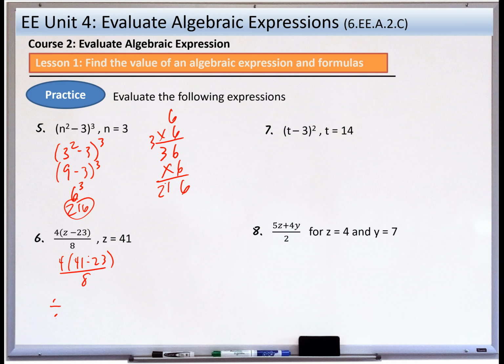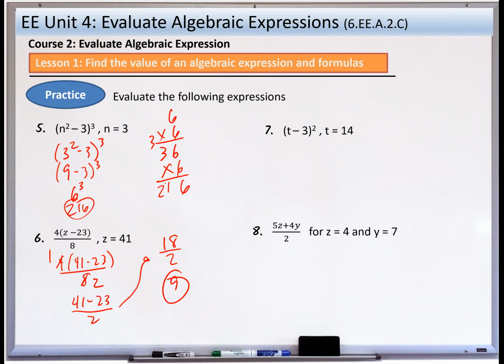And actually, I could have simplified that before I went ahead, and that would give me 1, and that would give me 2. And that leaves me basically with 41 minus 23 divided by 2. Now you guys see why I always type and not write, because my handwriting's pretty bad. So that gives me 41, minus 23, I believe it's 18, divided by 2. So my final answer is 9.